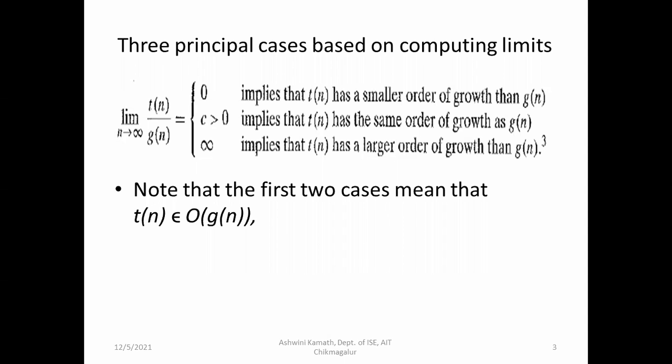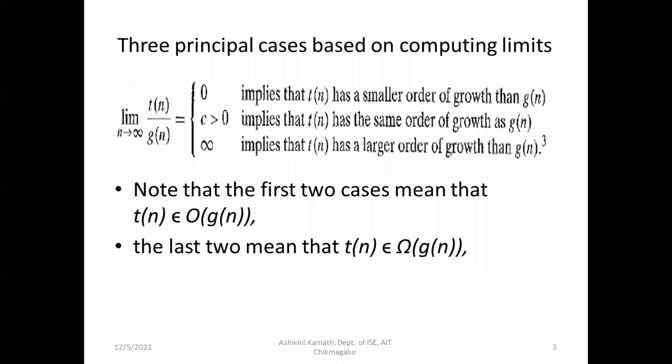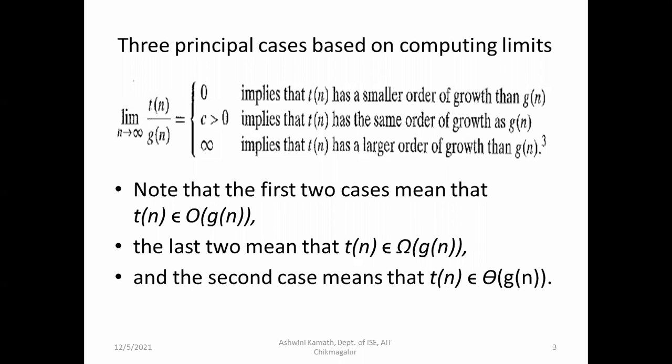The last two, that is c greater than 0 and infinity, mean that t of n belongs to omega of g of n, that is, t of n has larger order of growth than g of n. And the second case means that t of n belongs to theta of g of n: equal, same order of growth.